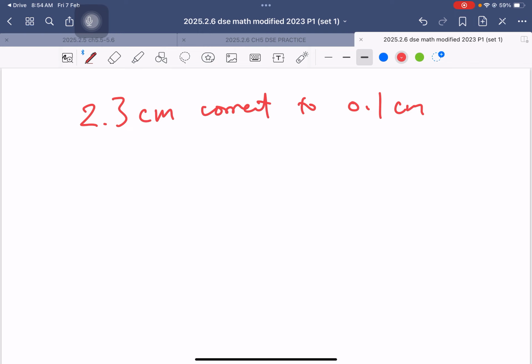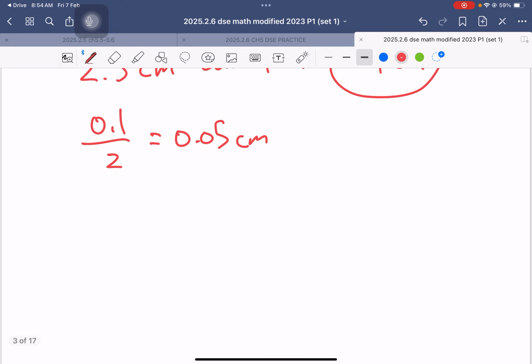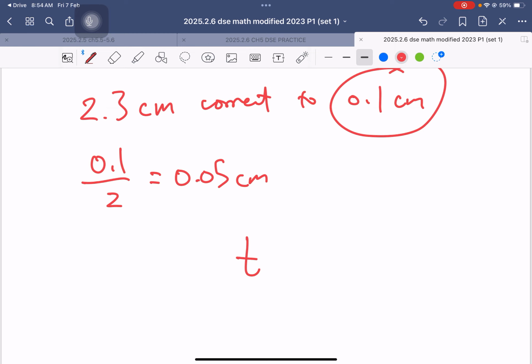2.25 smaller or equal to. So the first step is using the 0.1 and dividing by 2. 0.1 divided by 2 giving you 0.05 cm. And then you set up the inequality. So let's say this is T. So we have, what's this sign?